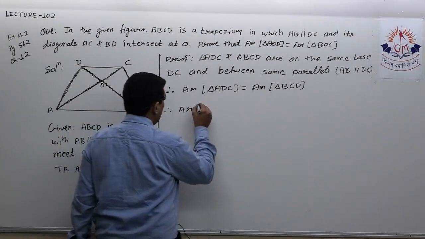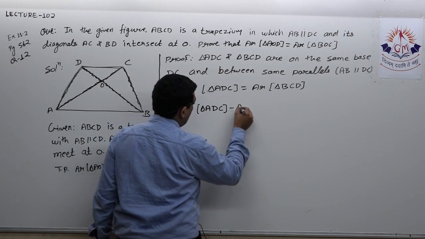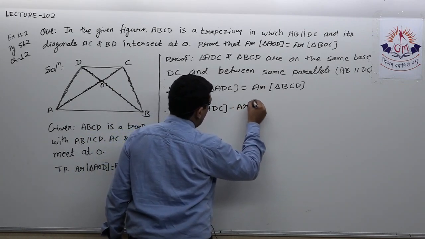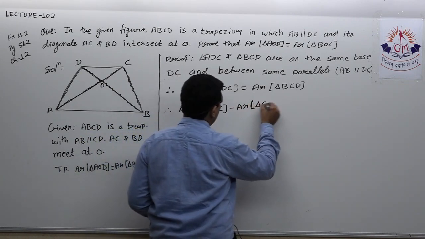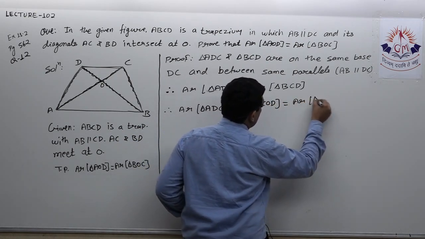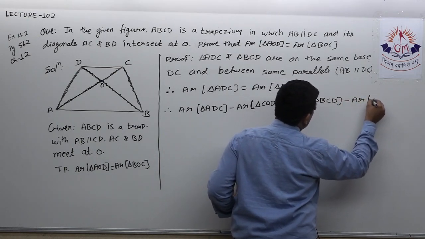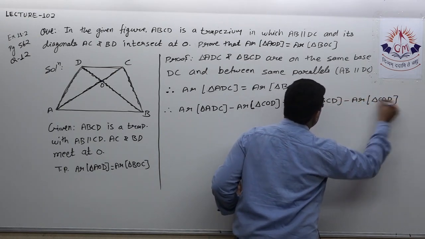So therefore, area triangle ADC minus area triangle COD is equal to area triangle BCD minus area triangle COD.